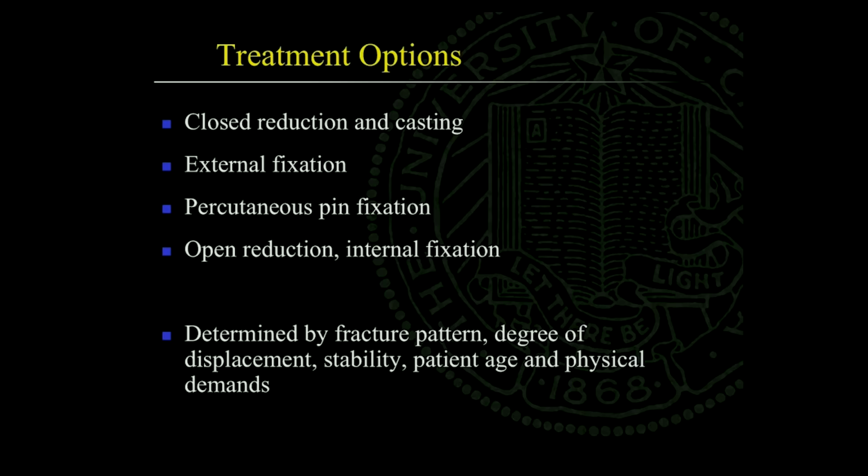External fixation is an option which requires a minimal incision. Percutaneous pin fixation means using pins to manipulate the fracture site to get it in a good position. And finally, open reduction and internal fixation, which is putting plates and screws inside. So we look at the patient, we look at the fracture pattern, we look at all of these options, and then we decide what is best for this fracture pattern.